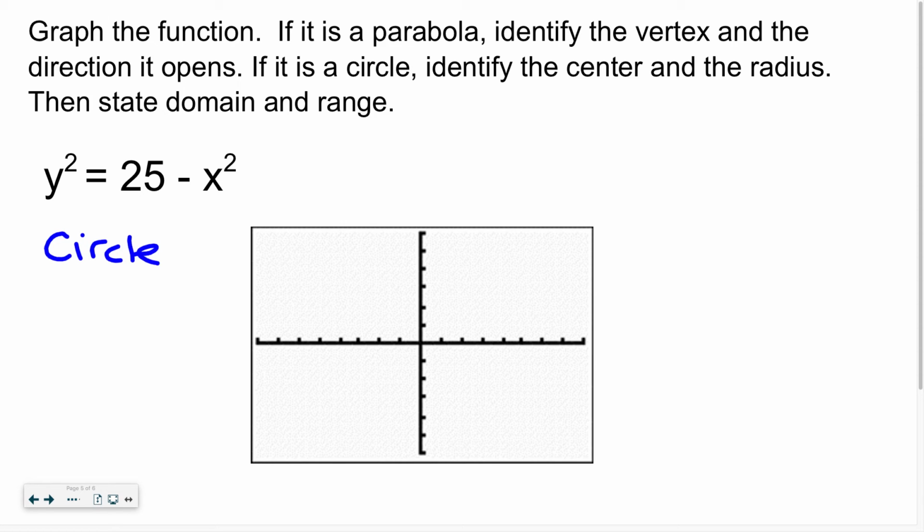And instead of square rooting both sides and trying to graph the square root of 25 minus x squared, not very fun, okay? I'm just going to say make it look like the equation I gave you. So get the x squared and the y squared on the same side. So I just add x squared over. What's my center?